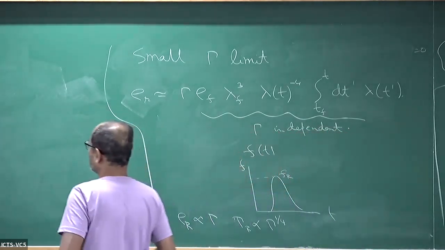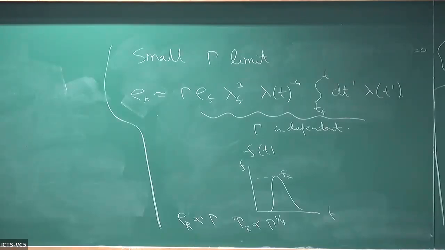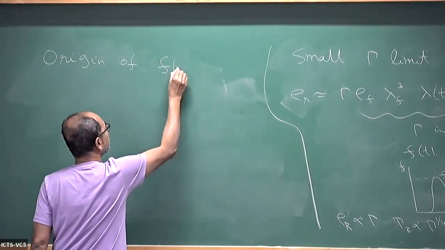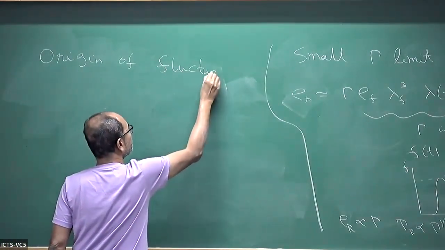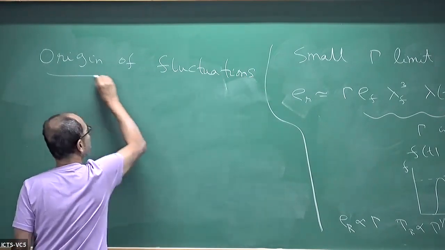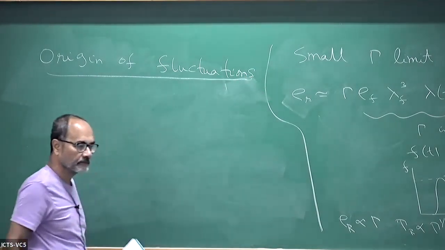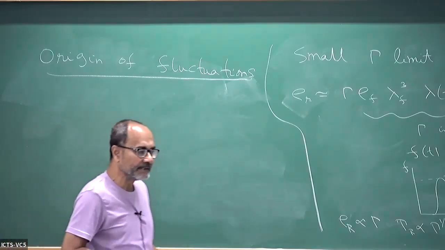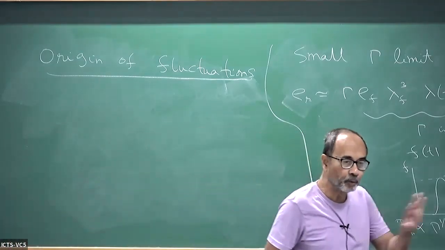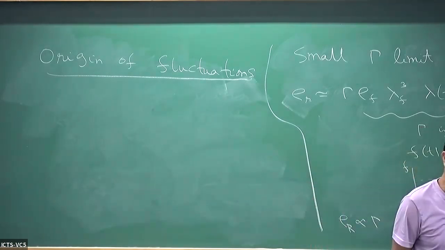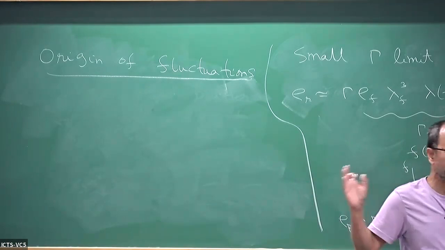Okay. So origin of fluctuations. Here the idea is that the inflation, as we have seen, gives a smooth universe, right? The classical inflation that we have discussed smoothens out everything. But we see fluctuations, right?